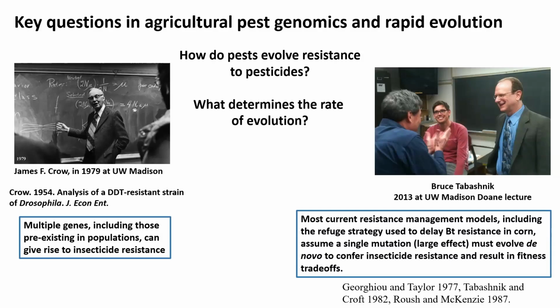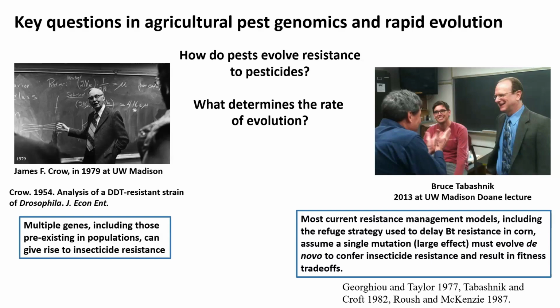I'll just say that was there and somehow got looked over or ignored for 40 years, basically because most people fall into the other camp, believing that insecticide resistance evolves as a single strong mutational effect, a single gene, basically.